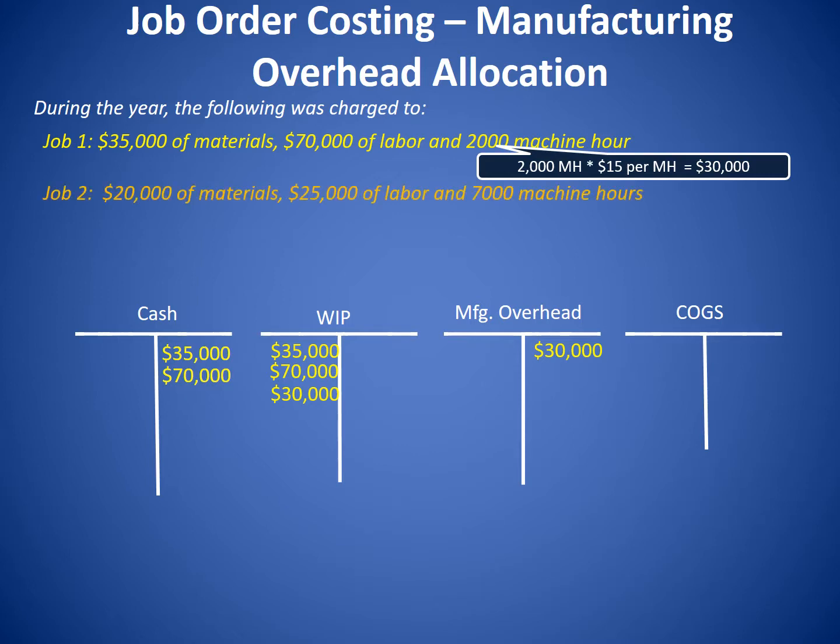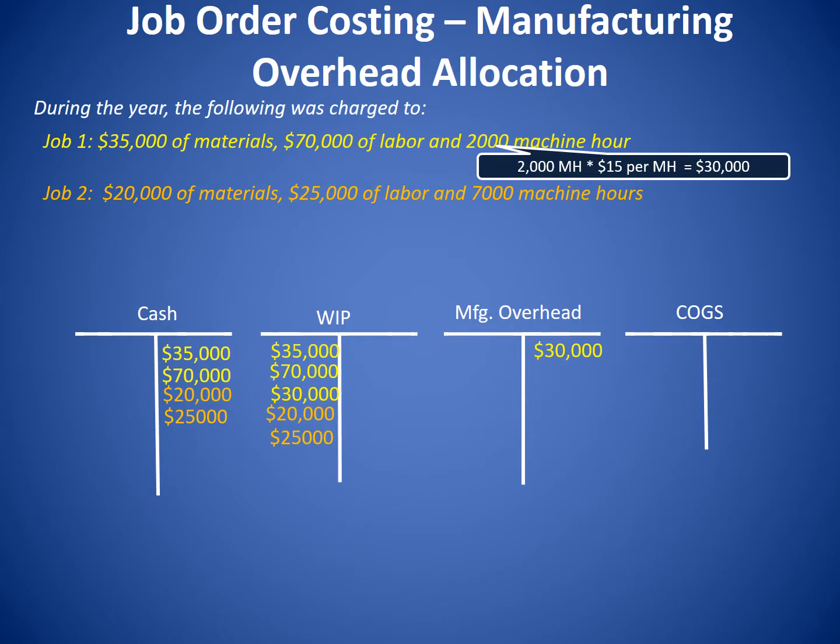Okay, now job number 2, $20,000 of materials, $25,000 of labor, and 7,000 machine hours. In job number 2, then, here's my $20,000 of materials in the work in process with the credit to cash, $25,000 of labor to work in process with the credit to cash.